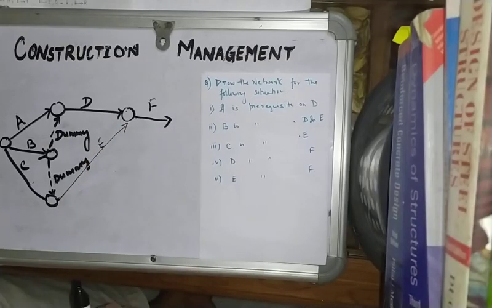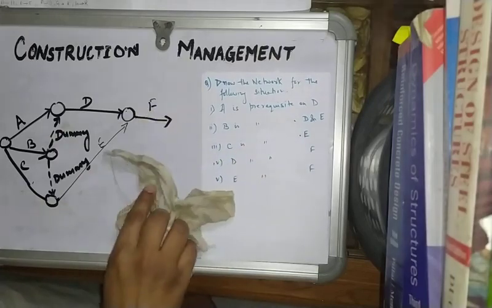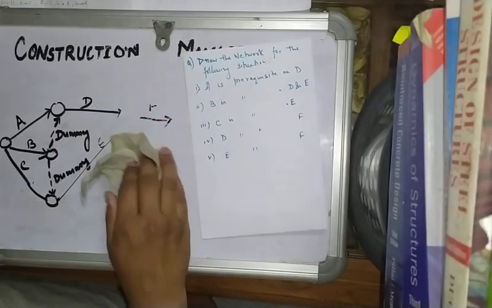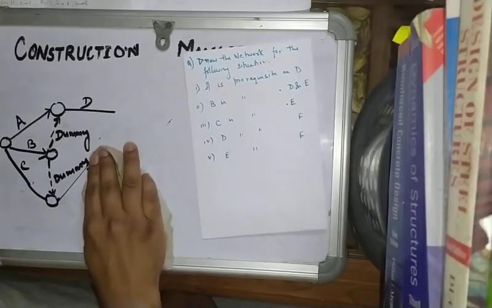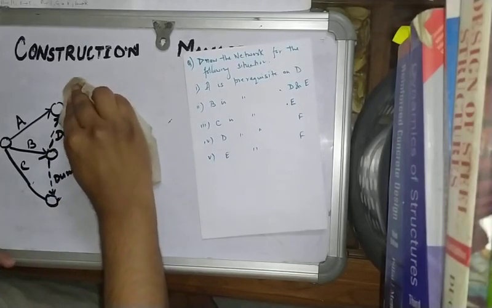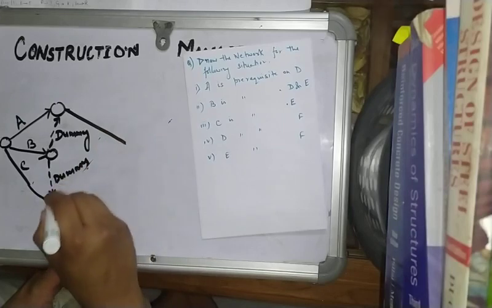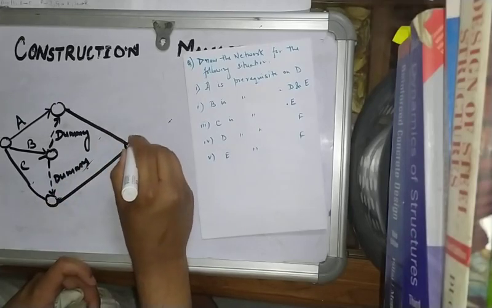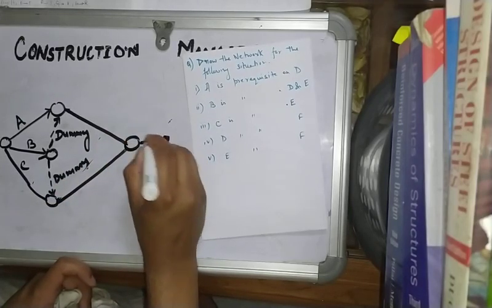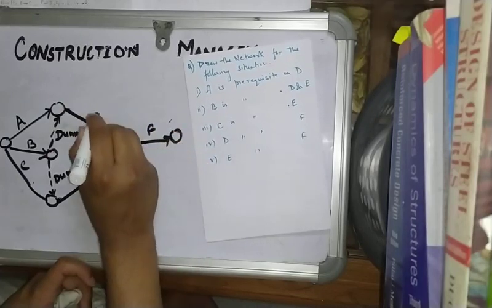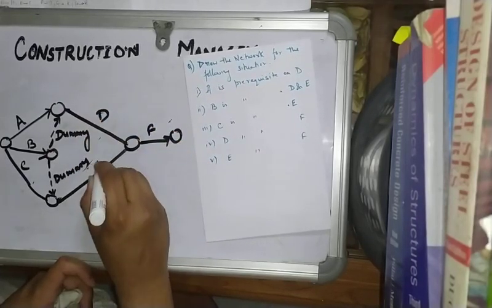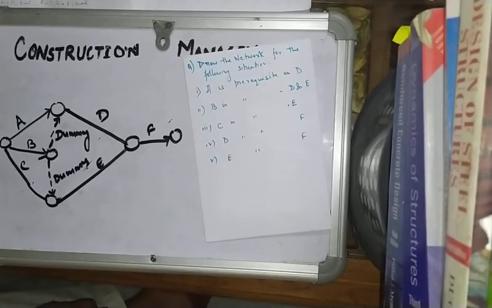We'll draw it this way. D, this is E, and this is F. Okay.